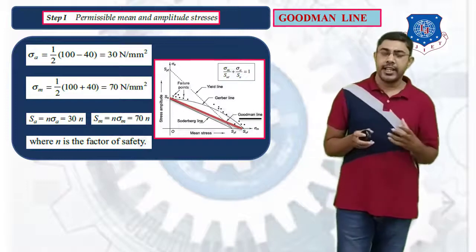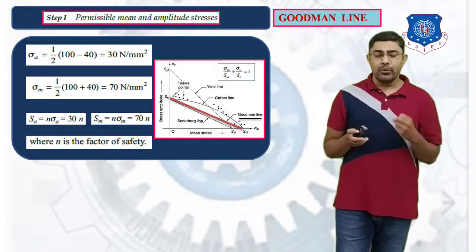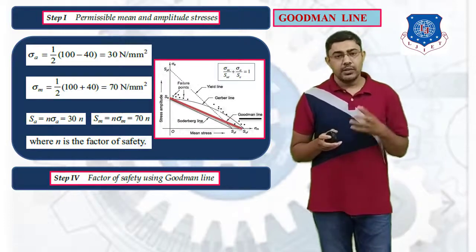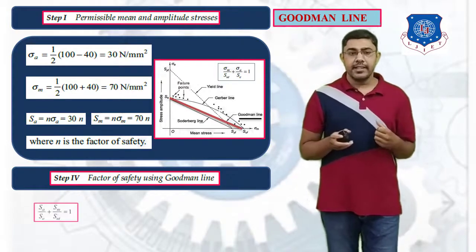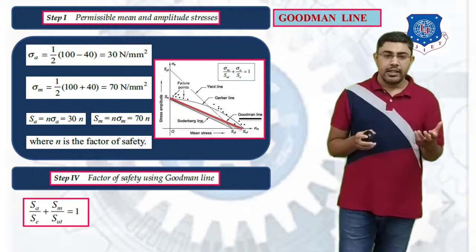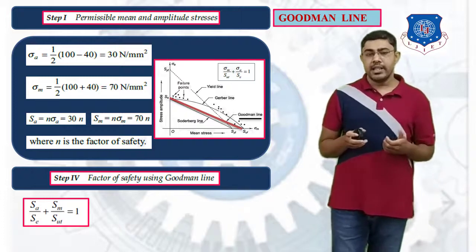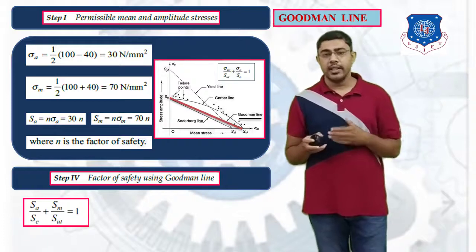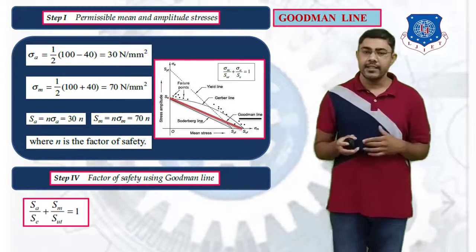It is a straight line, and we have to find the factor of safety according to the Goodman line. The Goodman line equation is SA upon SE plus SM upon SUT is equal to 1.